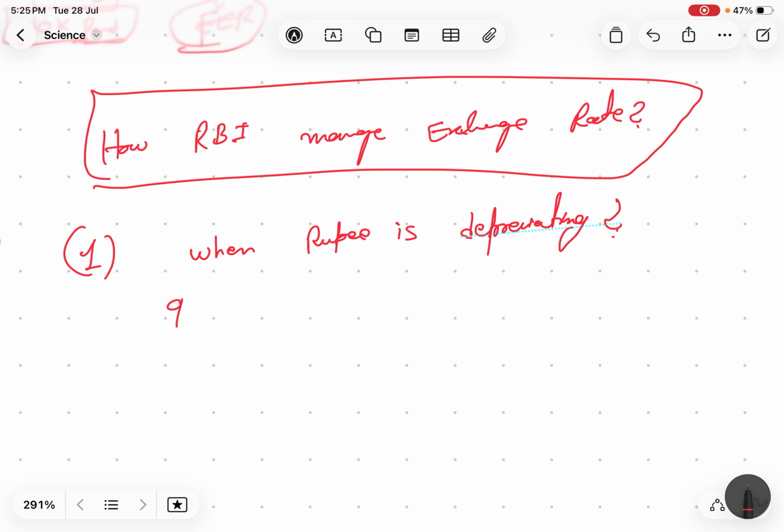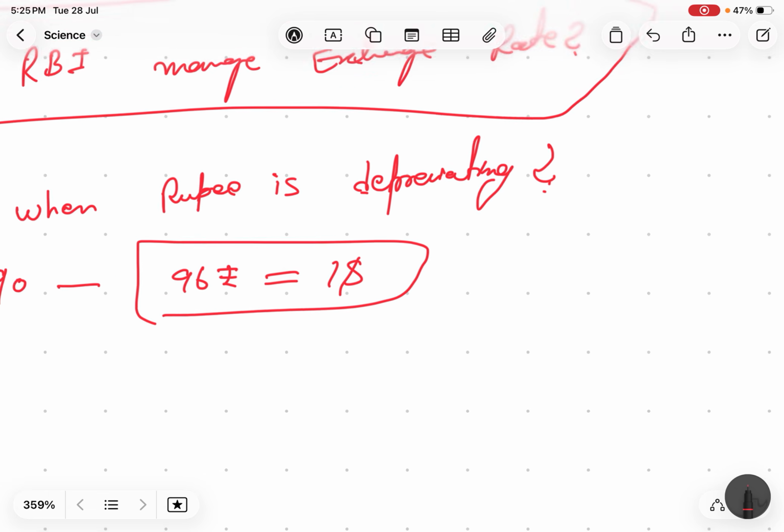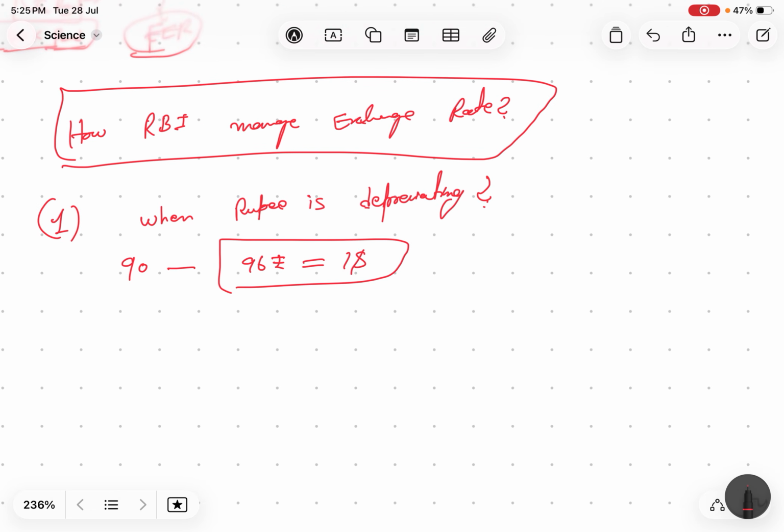For example, the rupee has gone from 90 to 96 rupees for $1 in the past few months. So there is a continuous rise in the value of the dollar compared to the rupee. We have to give more rupees to get that $1. So it means that the rupee is depreciating. In this case, let's first understand why the depreciation should be controlled.